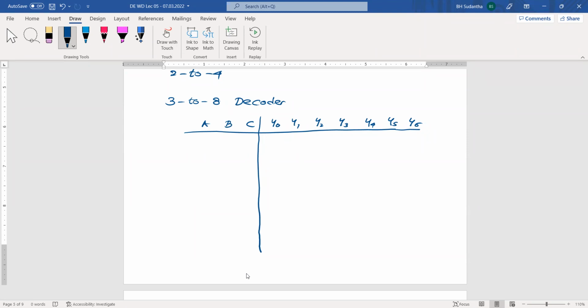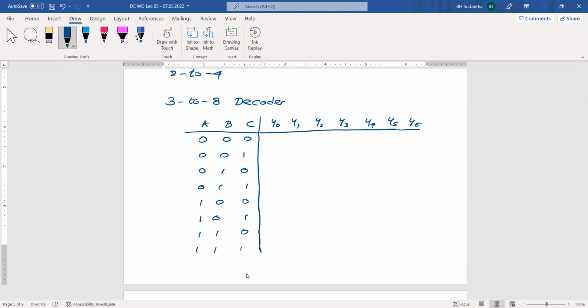Here we are writing this like this. Okay.